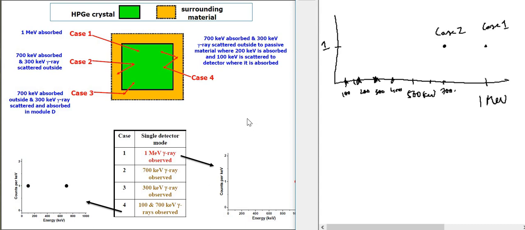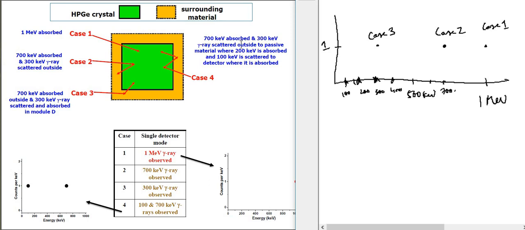Okay. Next one, case 3. How much is observed? Only 300. So at 300, I will see a count over here. This is case 3. And next, finally, case 4. What is happening is that first the gamma ray interacts inside the detector and 700 kV is absorbed. Good.